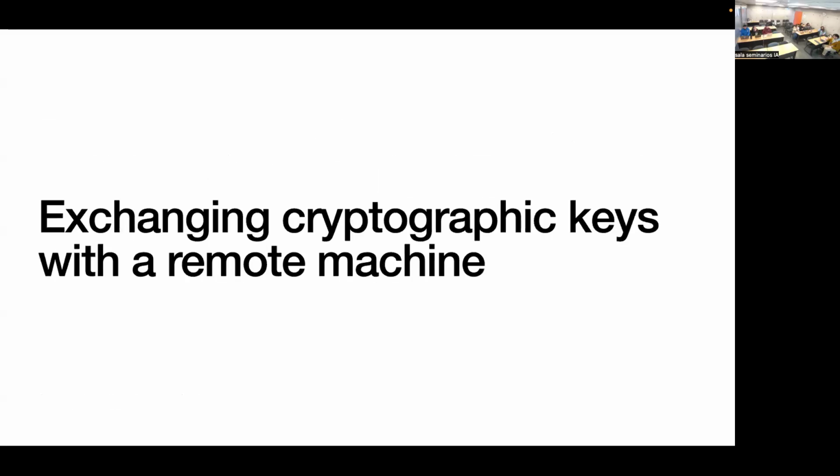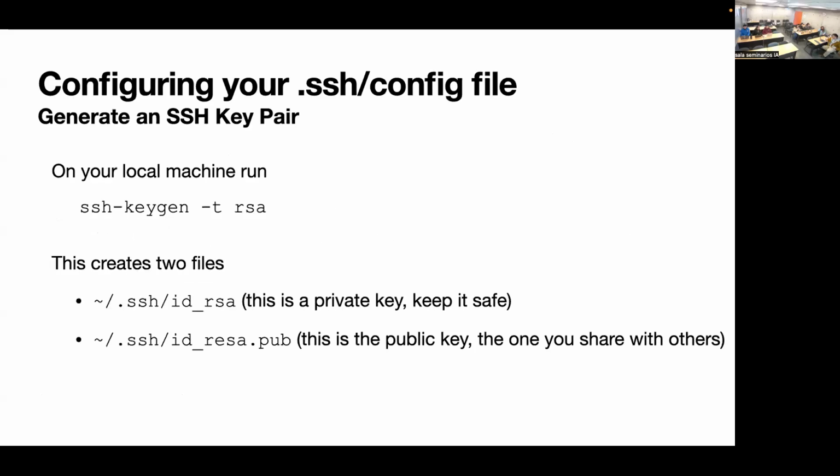First, I will show you a little bit how to make and exchange cryptographic keys with a remote machine. A cryptographic key is basically a very long password, just very basically. To make a cryptographic key on your computer, you need to run the command ssh-keygen.